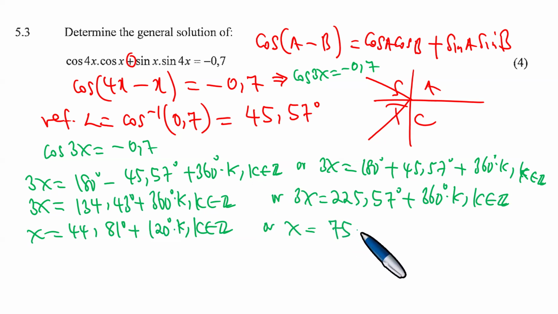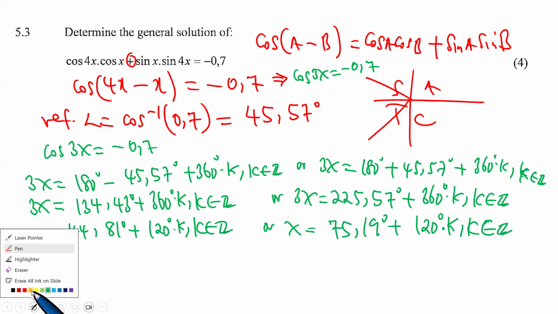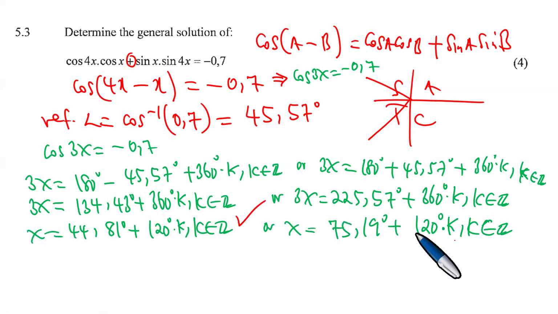So you have exactly 75.19 degrees. Okay, divide the 360 by 3, you get 120 degrees by k, an element of the set of integers. That's the answer.